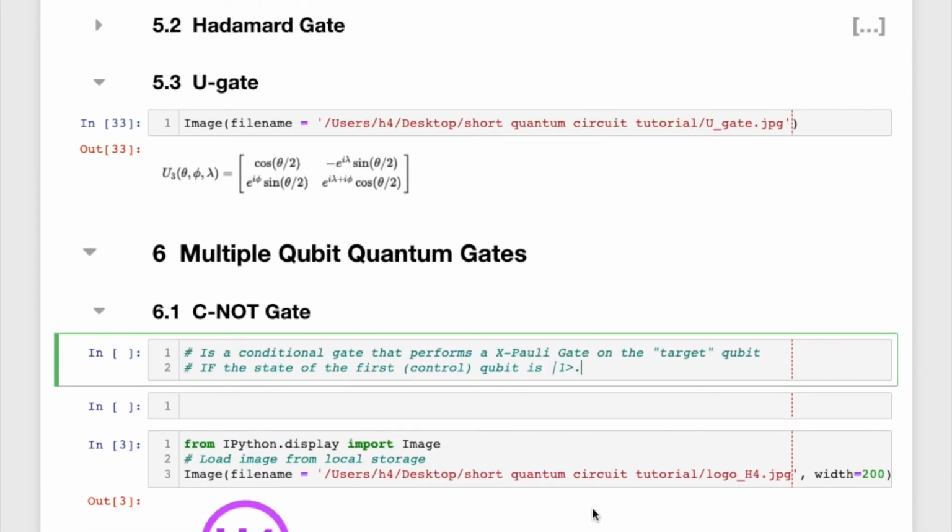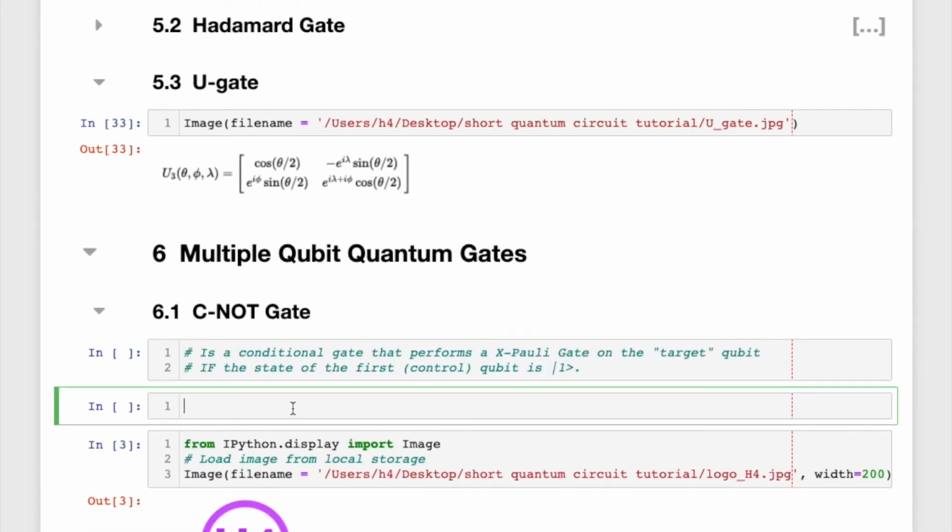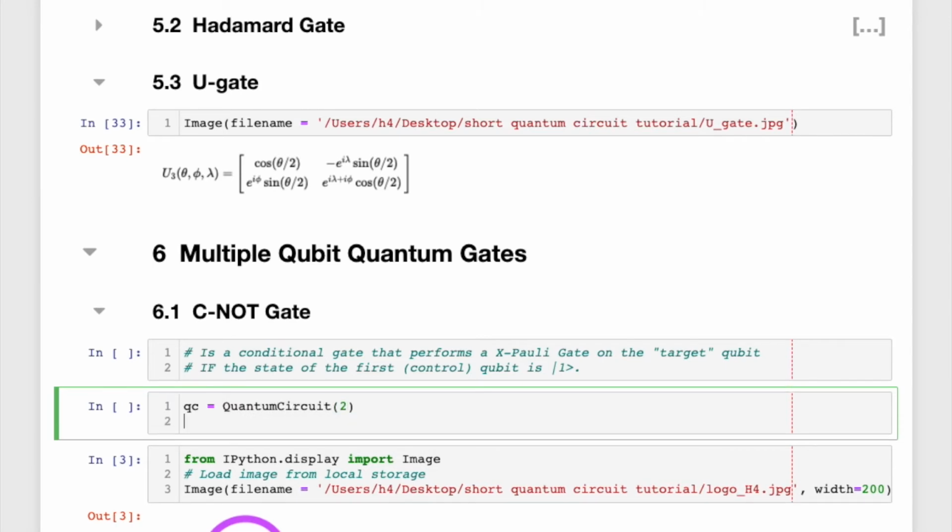Okay. So now let's see how this looks. If you describe a quantum circuit with 2 qubits, and then you say I am going to apply a CX gate on 0, 1.